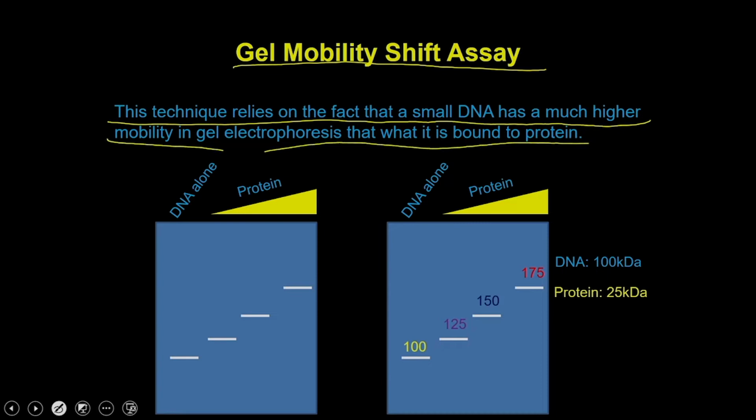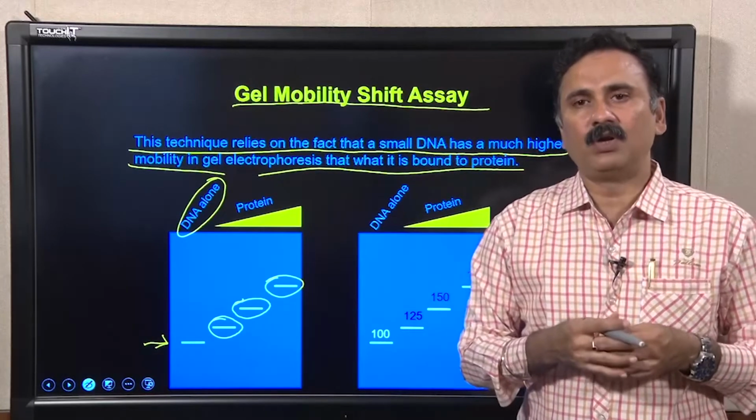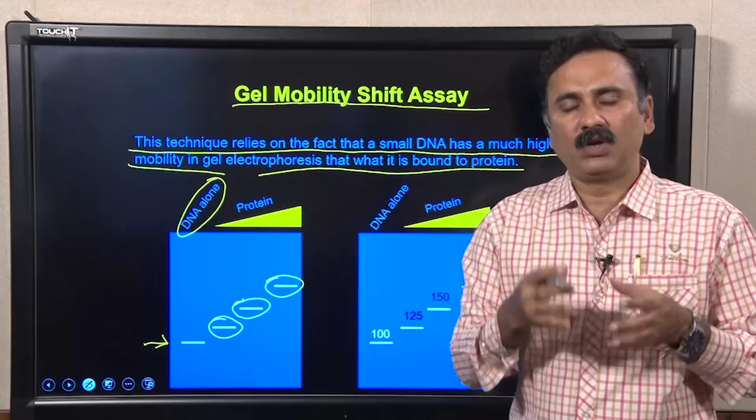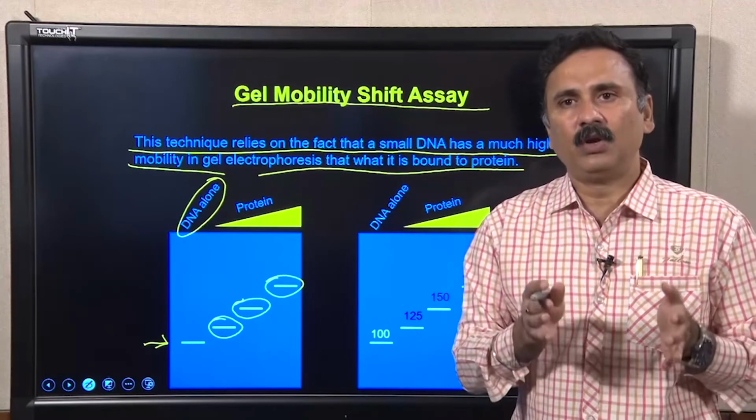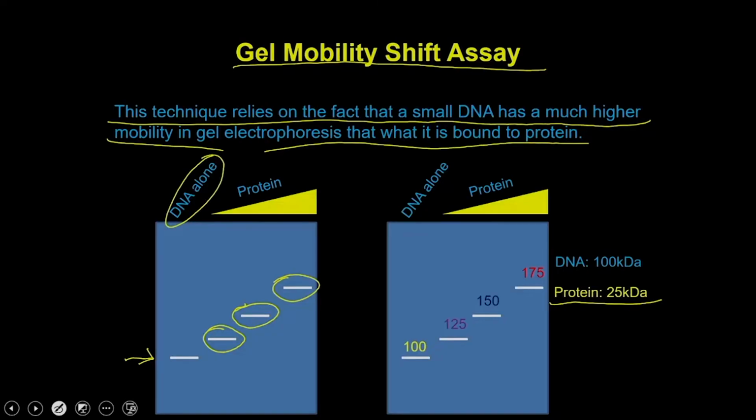What you can see is, if I do the electrophoresis of the DNA alone, the DNA will run up to this point, but if I keep adding protein molecules, they bind to the DNA, and as a result its electrophoretic mobility is reduced. Now, imagine that the DNA you are putting for the electrophoresis is 100 kilodalton and the protein is 25 kilodalton.